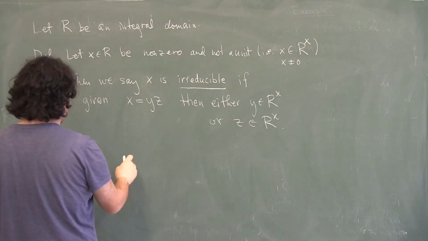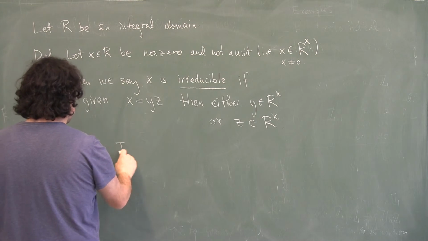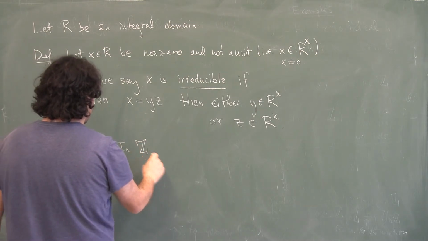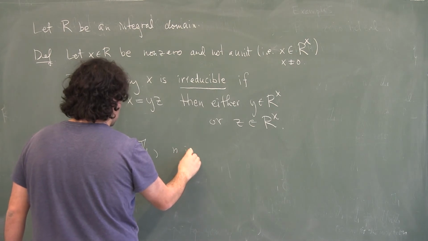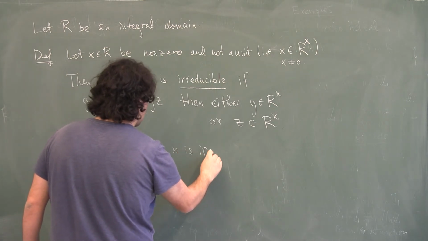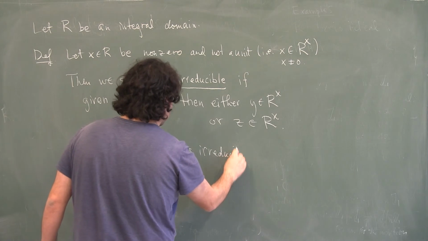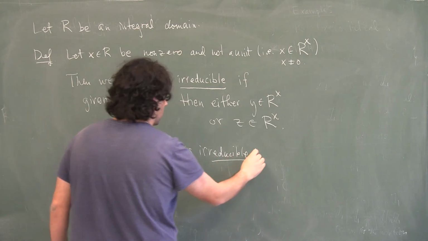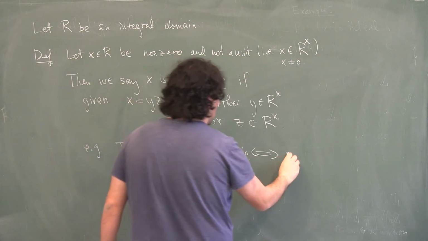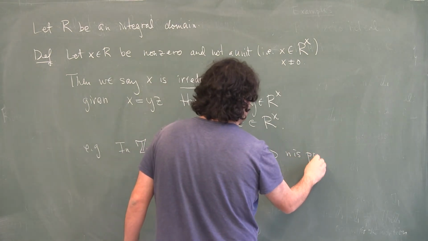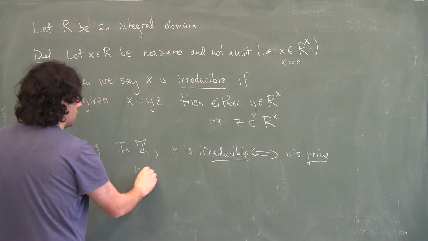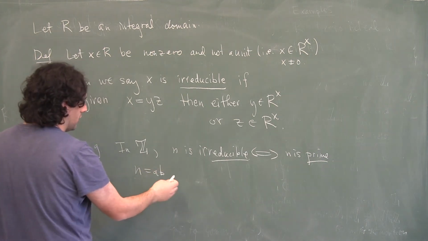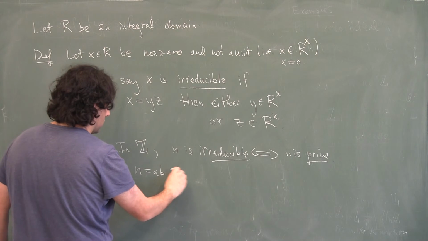So this is just like saying that if you have a prime number, so example, in Z, n is irreducible if and only if n is prime. Okay?